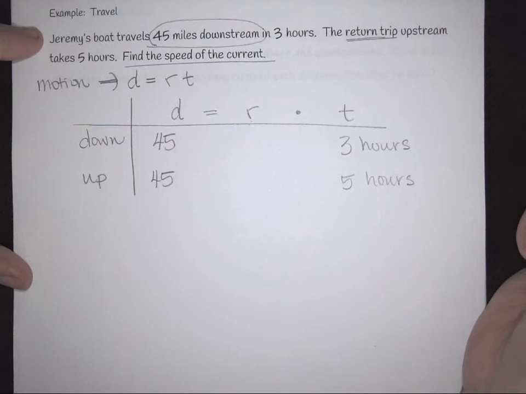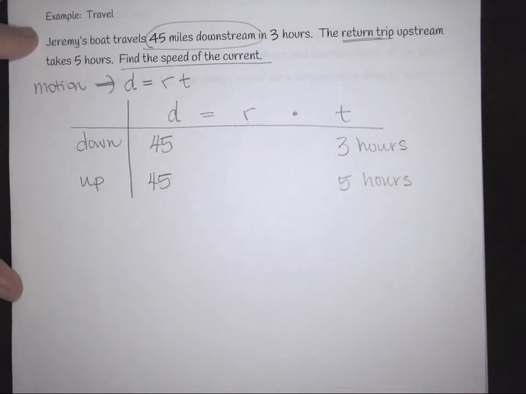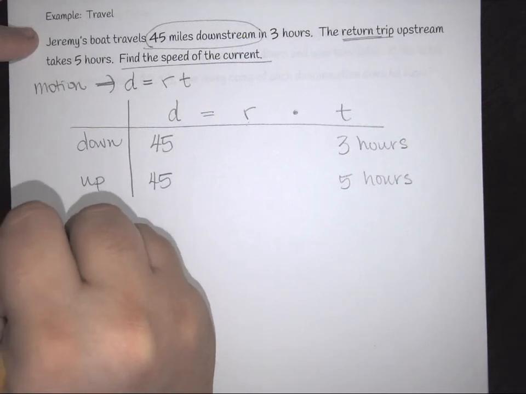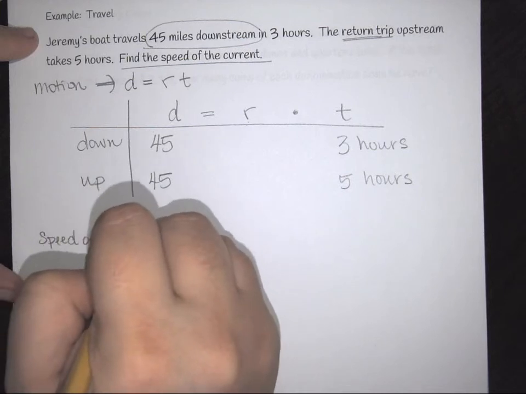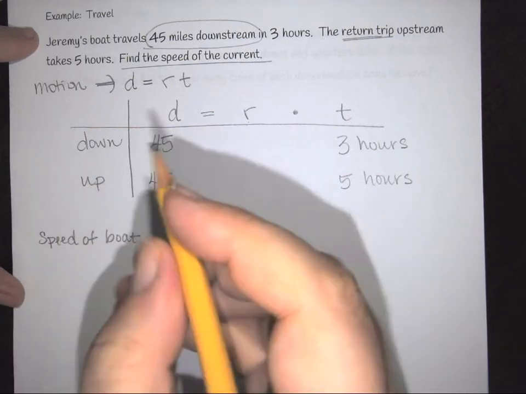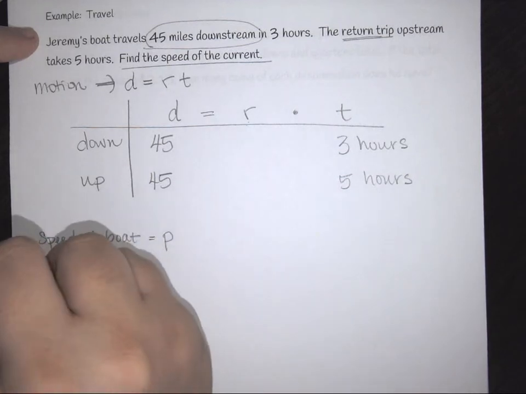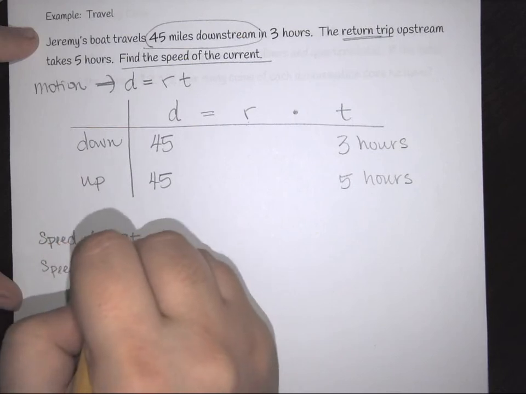Now, when we're talking about a river, there are two really important pieces of information that we have to consider. First is we have to know the speed of the boat. So let's call that P. And then we have to know the speed of the current.